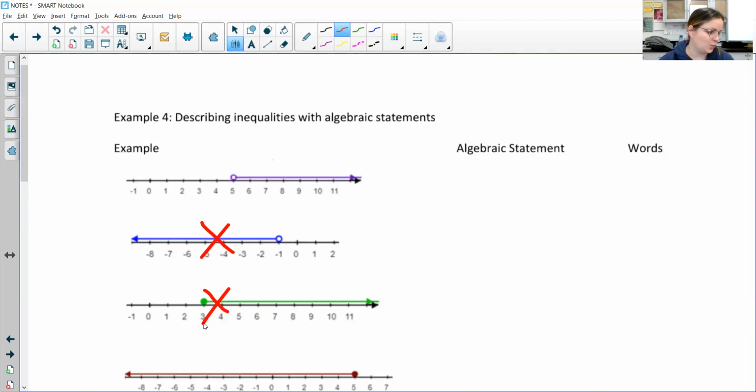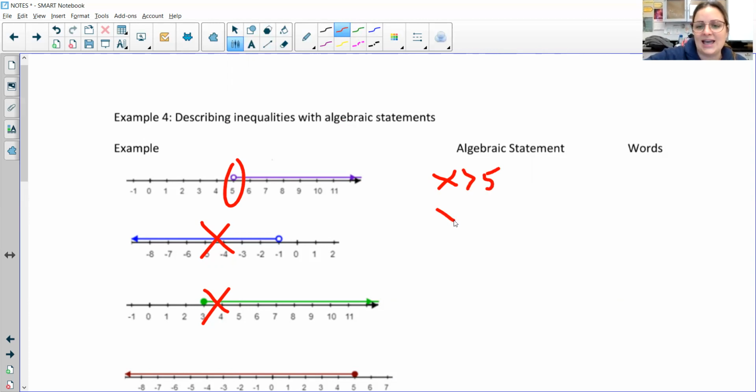So for this first one, as you can see, if the purple line represented an inequality, it's focused around this 5. So x is greater than 5. You can say it in many different ways. You can see it represented as x is greater than 5.